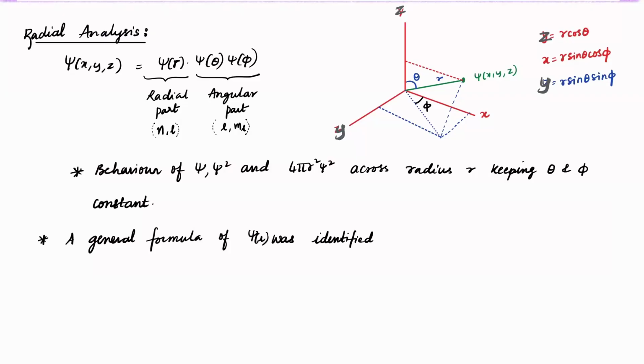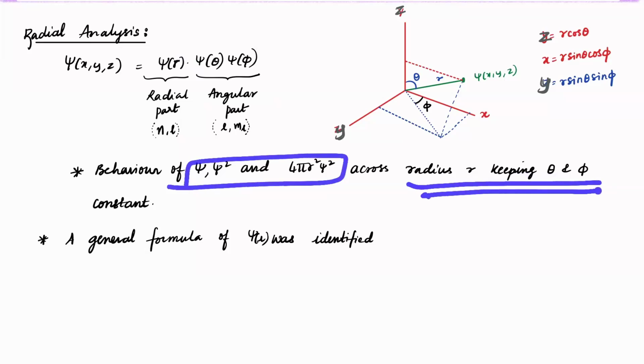See, sorry, guys. So what I'm trying to say is that there is a radial part here and an angular part here. Now, the behavior of psi, psi square, and 4 pi r square psi square. These three are the factors that we need to check, how they vary with respect to the radius r.